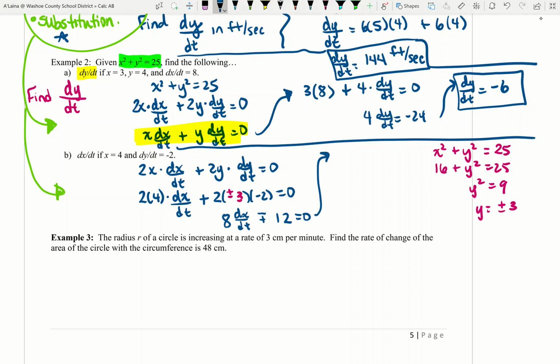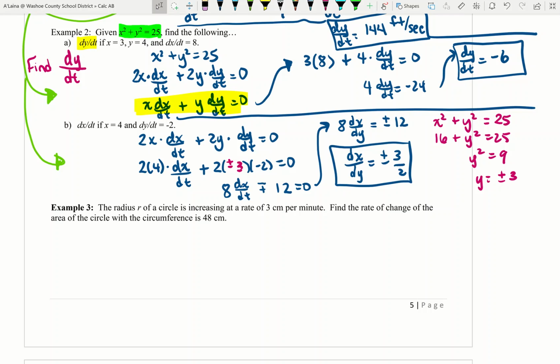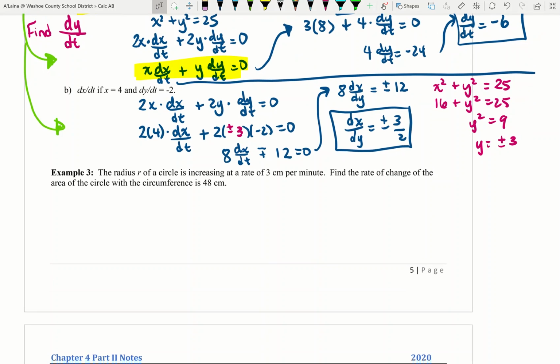Now I'm going to move that minus plus 12 over to the other side, and it would have yet another sign change, so it goes back to plus or minus 12. Then if I divide by 8 and reduce my result, I'll get plus or minus 3/2. Again, there are no units in this problem, so I do not need units this time. Example 3.